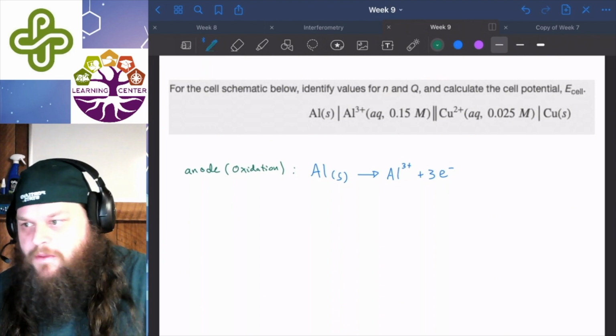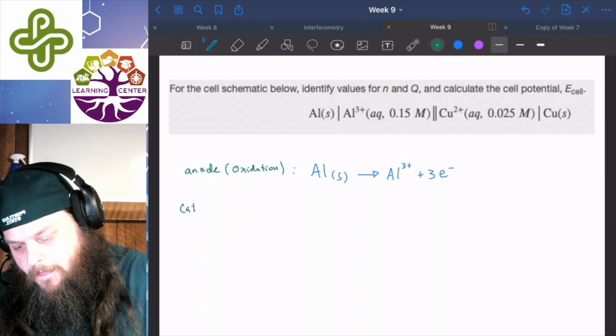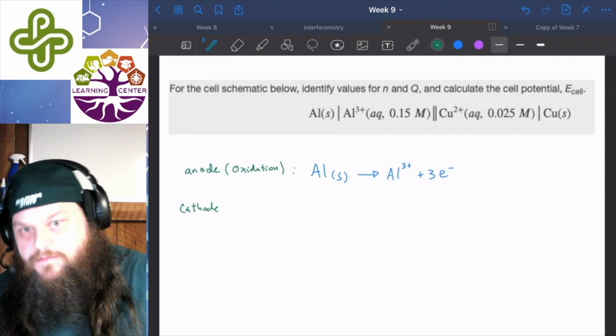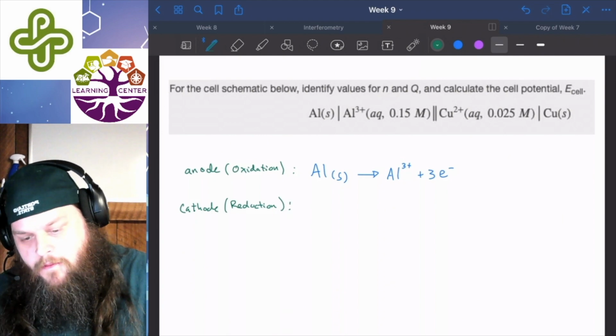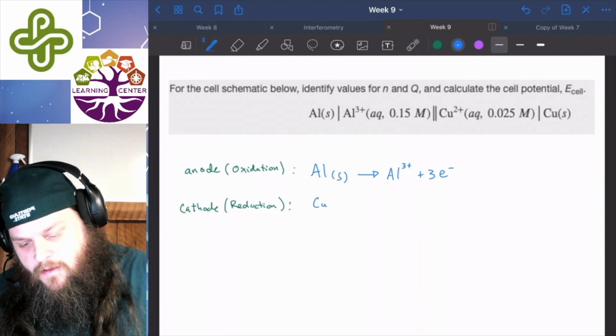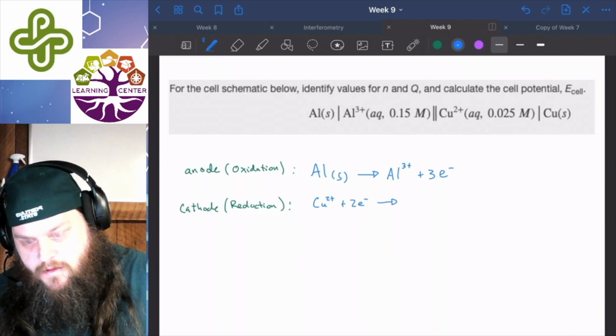If we write out the cathode, we can see that's going to be a reduction. There we have copper 2 plus plus 2 electrons producing copper solid.